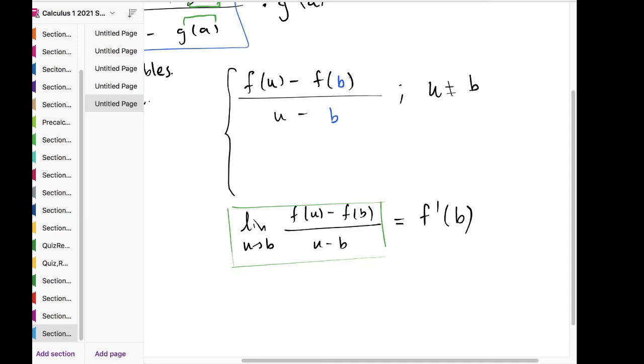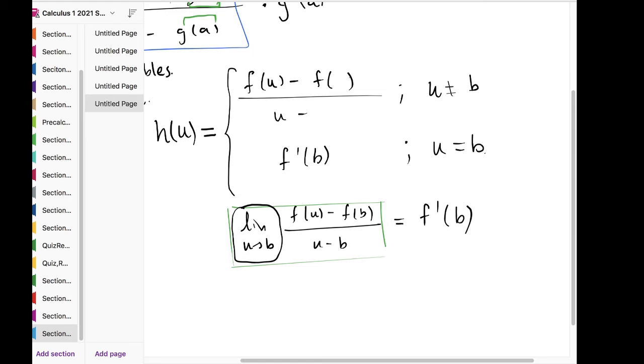Right? So what we can do is construct a function such that it's continuous. Since we know the limit as u approaches b is precisely the derivative, then we can construct some new function h that is continuous.